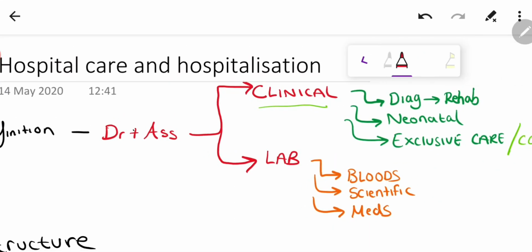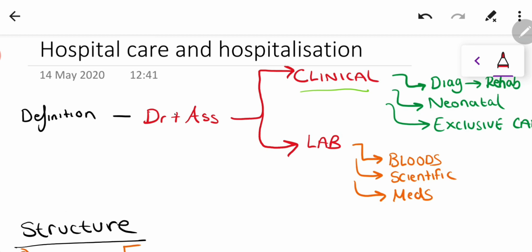Okay, so the teacher, she's always on about what's the difference between healthcare establishment and medical establishment, right? So healthcare establishment, it's all about the primary healthcare.